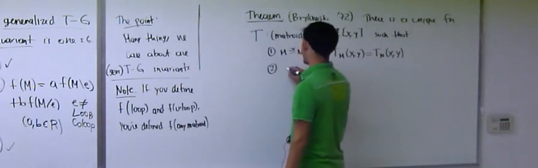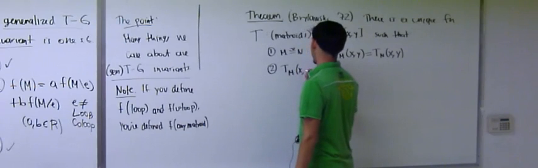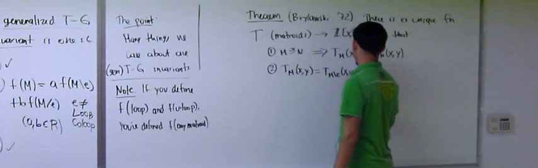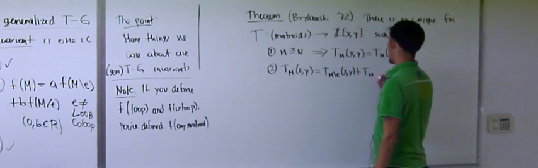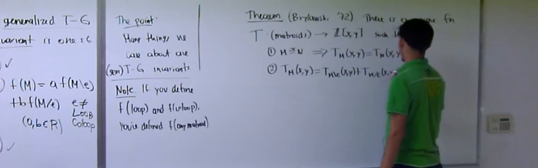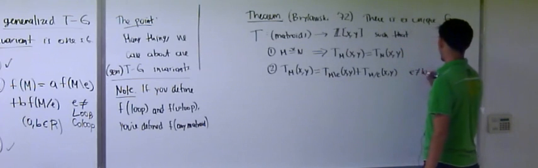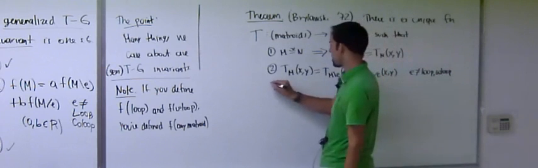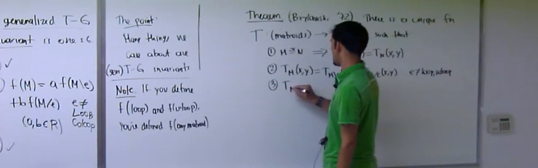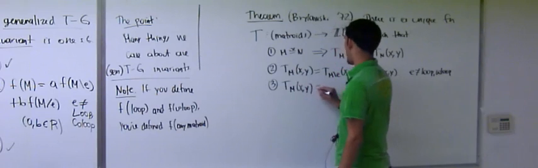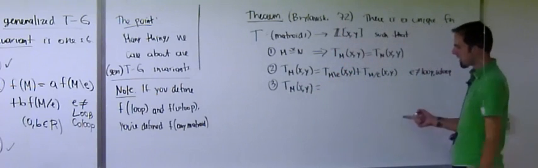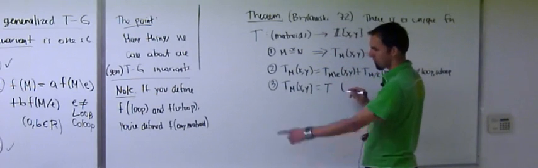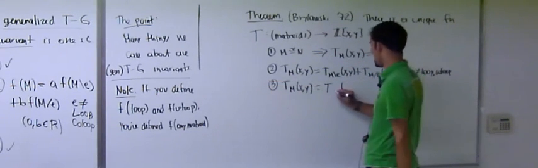The second property is that this should satisfy the deletion-contraction recursion, if E is not a loop or a coloop. And the third property is that if you want to delete a loop or a coloop, then you can, but you have to do something different.